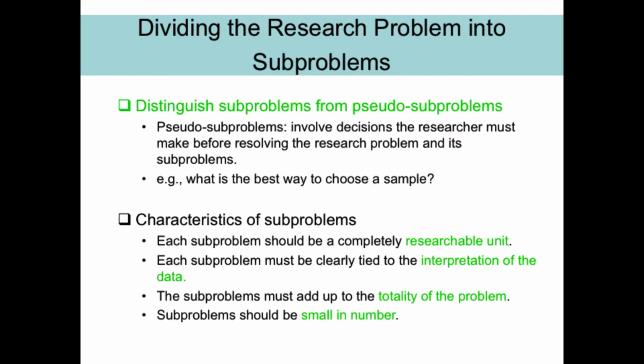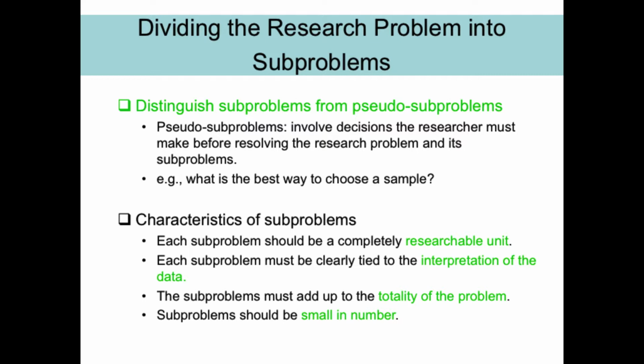Another problem might be where am I going to get the money to provide some incentive for my participants so that I can get some quality participation in this particular study. So those are problems to be solved along the way, but they are not part of your research problem.